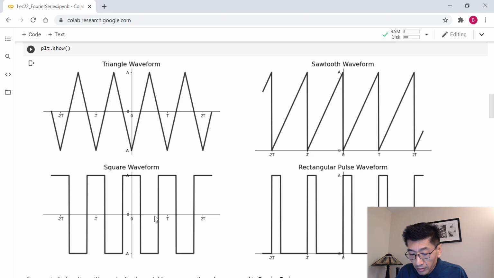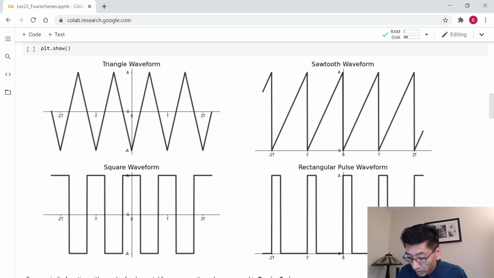The period is apparently the time after which the waveform repeats itself, every T, and that's the fundamental period. We rarely say this waveform also repeats every 2T, because that's not a fundamental period. For the rectangular pulse waveform, the pulse depends on the application. The pulse could be very narrow or could have higher duty ratios. These are examples of periodic functions.